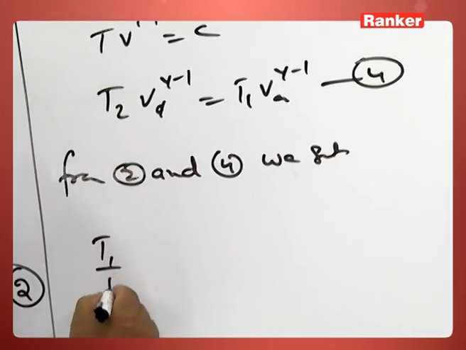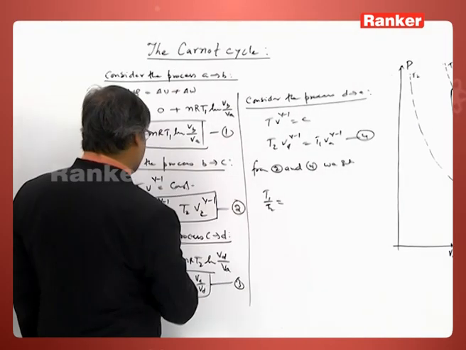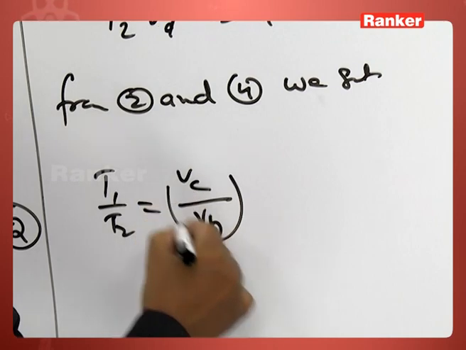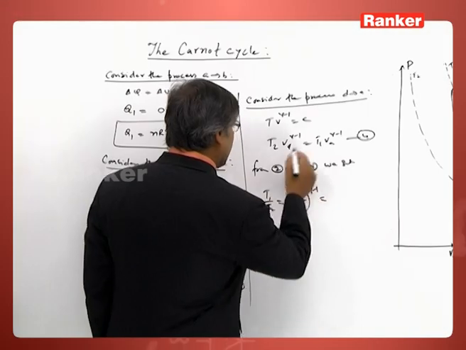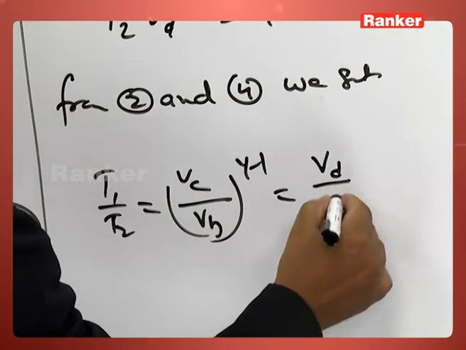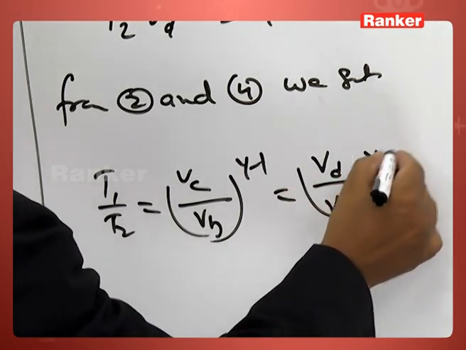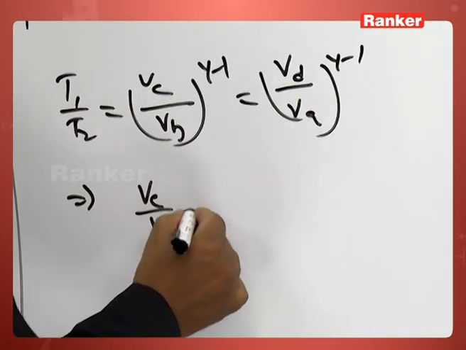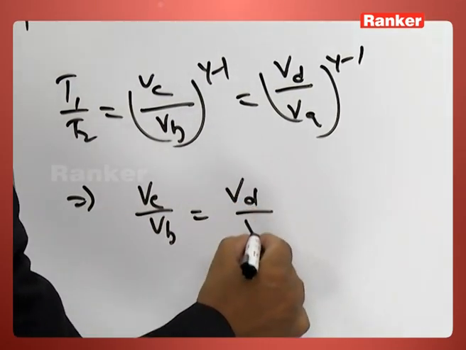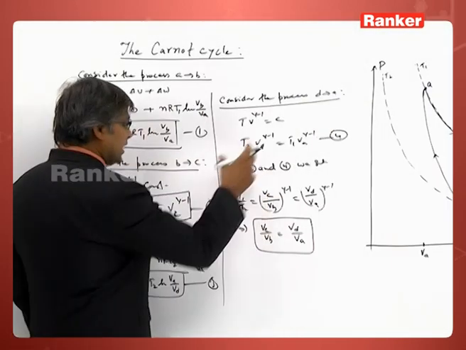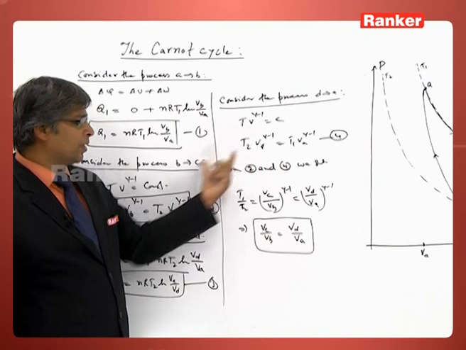So here T1 by T2 gives Vc by Vb to the power gamma minus 1, and from here T1 by T2 I will get Vd by Va to the power gamma minus 1. We got Vc by Vb is equal to Vd by Va. So this is the relation we got from the two adiabatic processes.